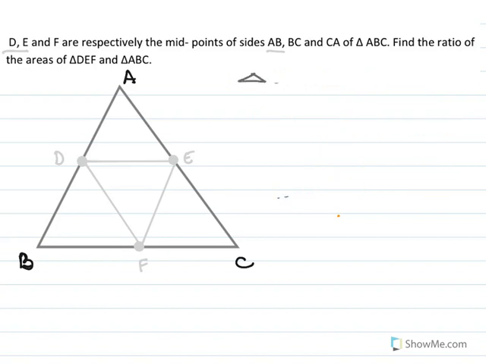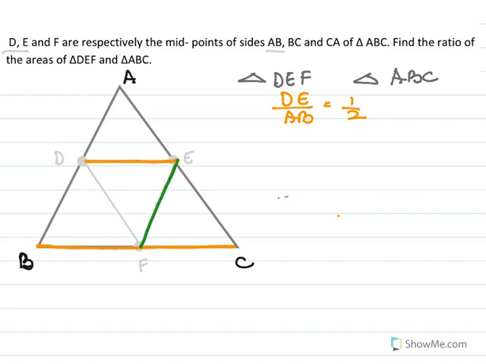So if we take up now triangle DEF and triangle ABC, we have already seen that here DF over BC is 1 by 2. So we'll write that. DE over AB is 1 by 2. Then we also saw that EF over AB is 1 by 2.